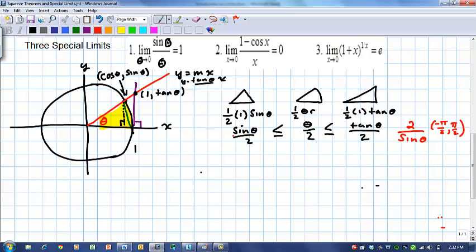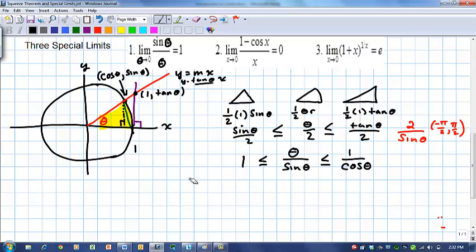So I can go ahead and multiply everything by 2 over the sine of theta, which is going to give me 1 is less than or equal to theta over sine theta, is less than or equal to 1 over cosine theta, because tangent is sine over cosine, so the sines will cancel.